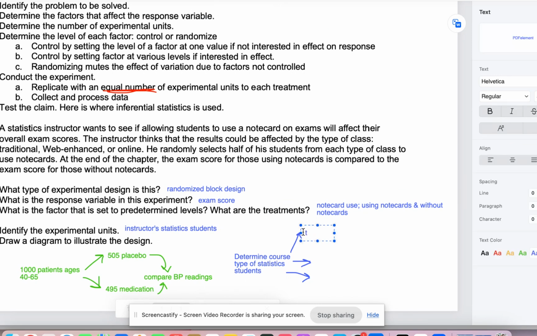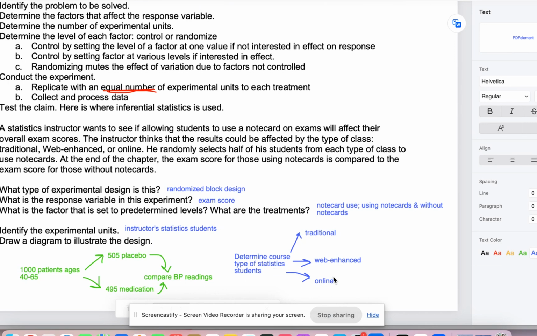We have traditional, we have web enhanced, sorry about the dogs, and we have online. So those are our blocks. We've now determined, anyone can look at this diagram and see, okay, I'm talking about statistics students. The blocks are by course type and what those course types are.